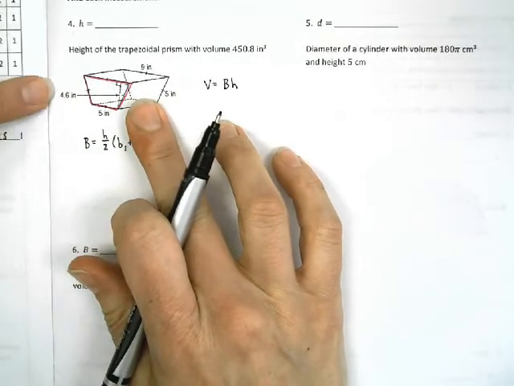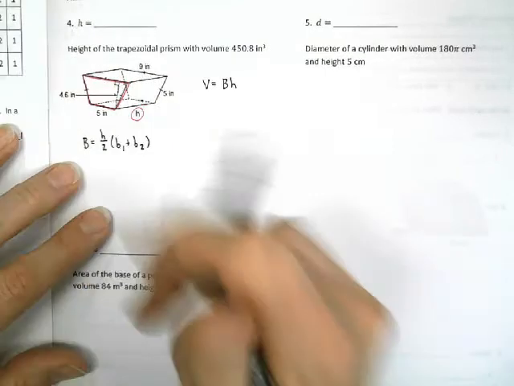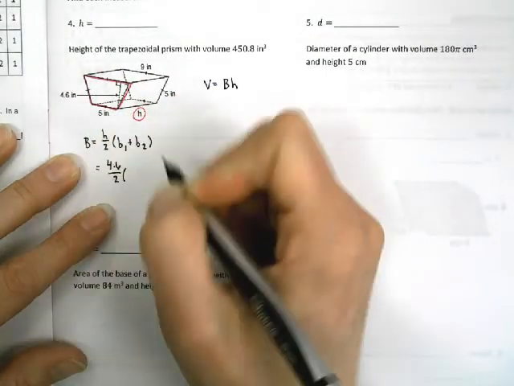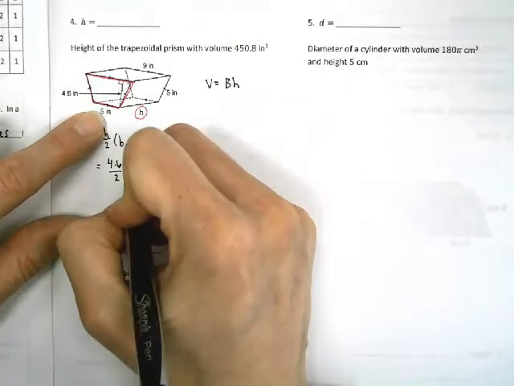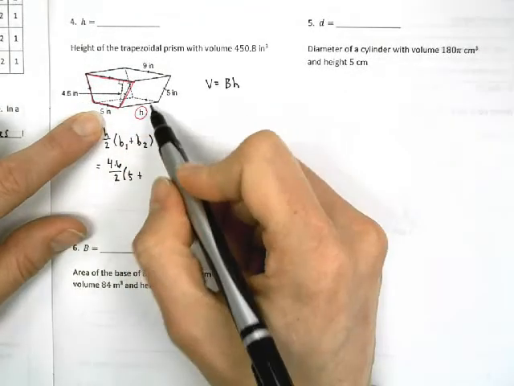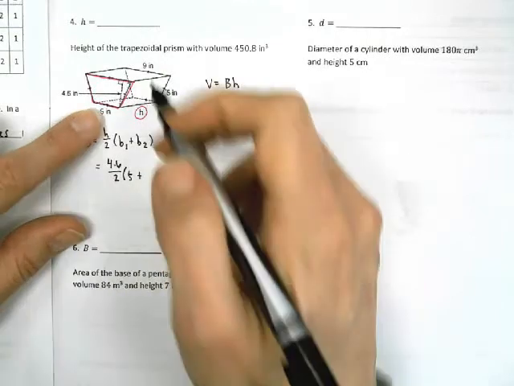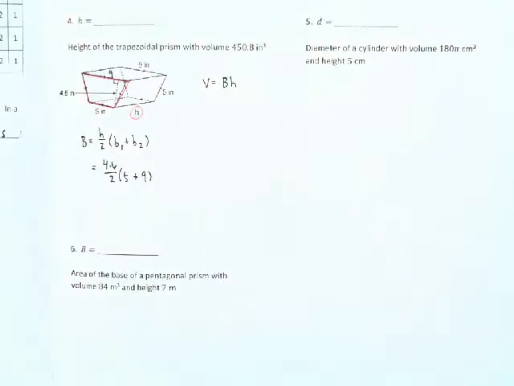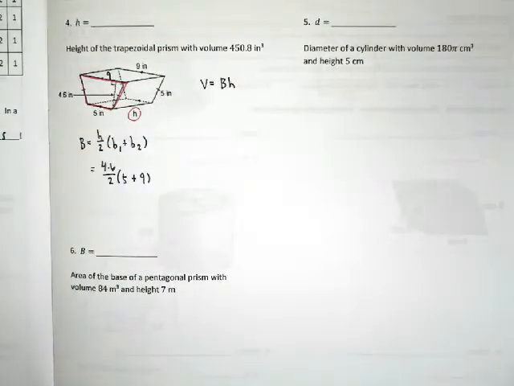So if I look at my trapezoid, I'll notice that perpendicular height is 4.6. My one base of my trapezoid is 5. And then I actually have to look at my other base. Since that side is 9, this other base is 9 here. And I'm going to put that in my calculator to get the area of my trapezoid.